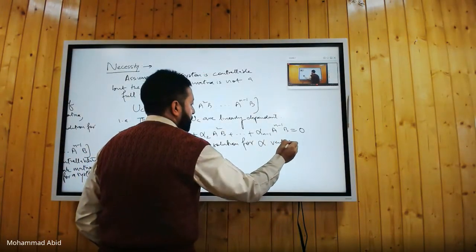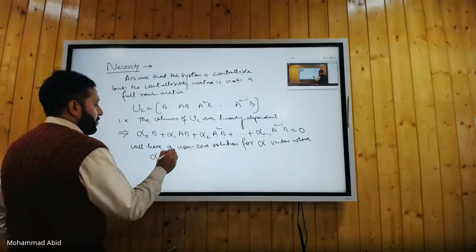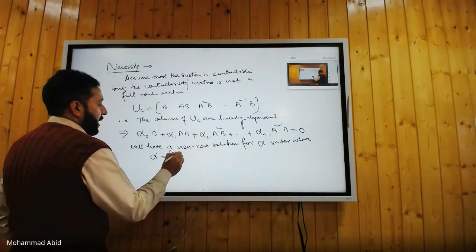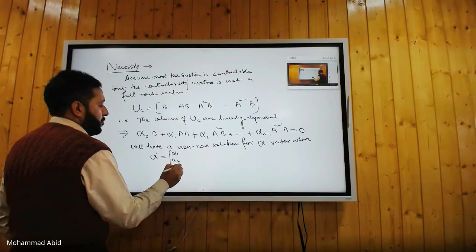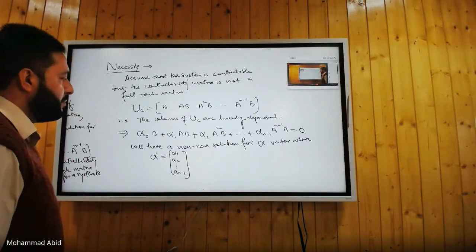While alpha vector is what? Alpha is equal to alpha 1, alpha 2, and so on up to alpha n minus 1. सही है ना?